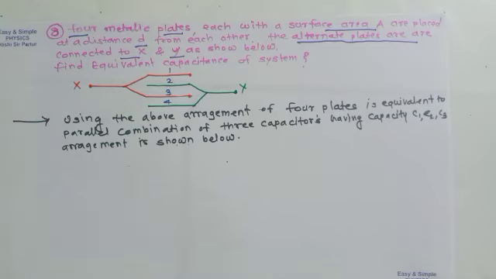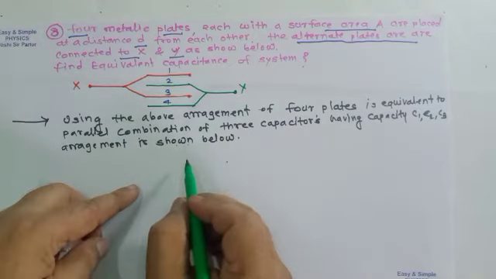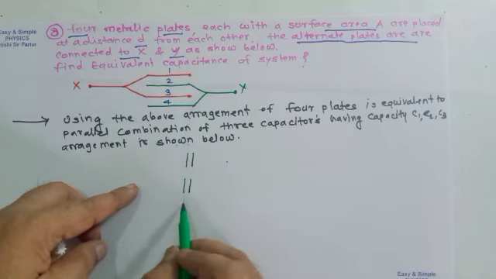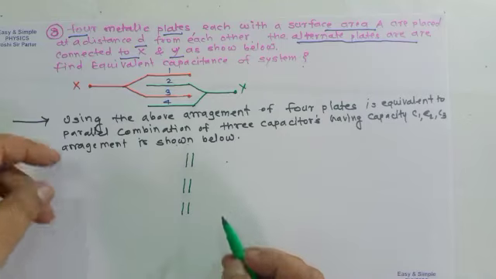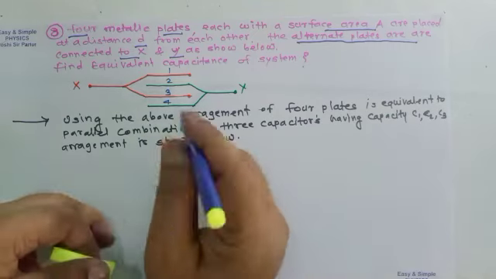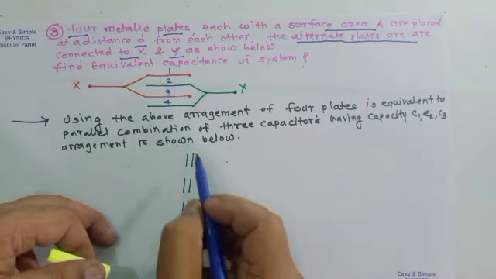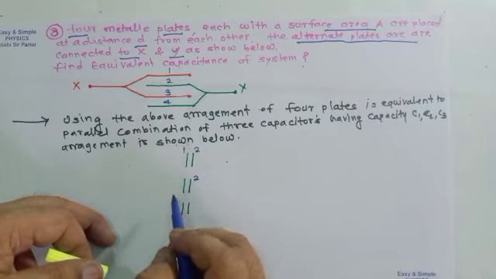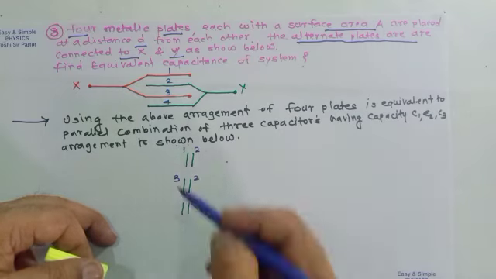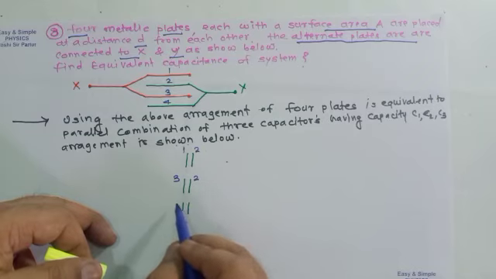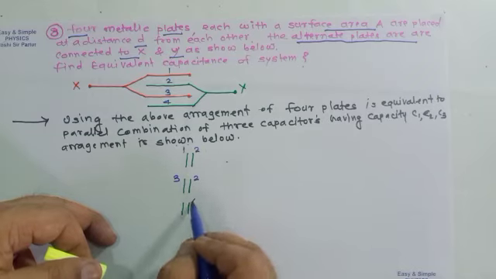See here, below the three capacitors, first capacitor, capacitor C2, capacitor C3. So here in these three capacitors, plate 2 will be common for plate 1 and plate 3, and here plate 3 is common for plate 2 and plate 4.